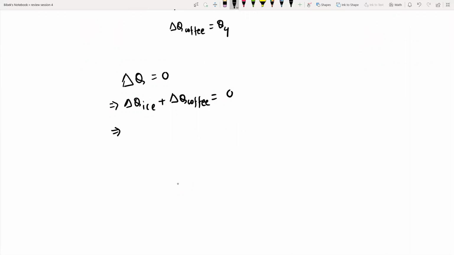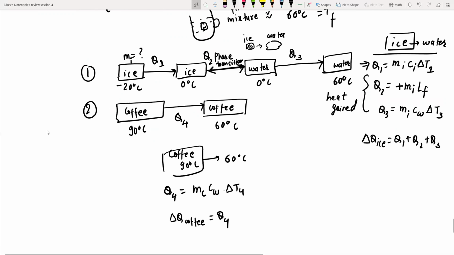So for ice, I have Mi Ci times delta T1. Delta T1 is your T final minus T initial. So 0 minus 20, there is a minus, right? So your delta T1 is 0 degrees centigrade minus 20 degrees centigrade.